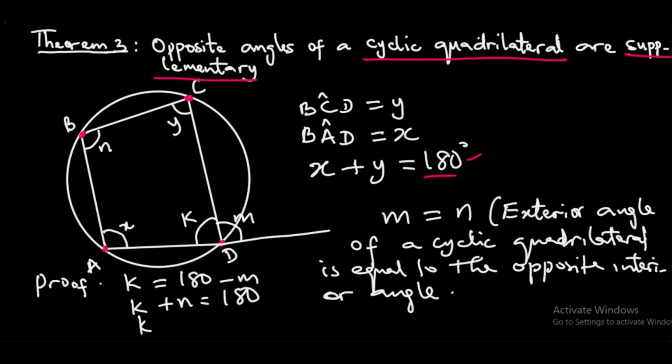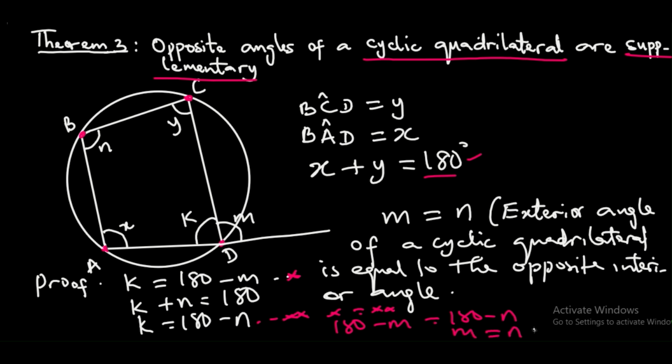That is the opposite angles of a cyclic quadrilateral theorem itself. So K is also equal to 180 minus N when we take the N to the other side. Now we can say the first one is equation star, the second one equation star star. So we can see that the two Ks are equal. So equation star equals equation star star. So we can now say 180 minus M is equal to 180 minus N. So M is equal to N in this instance, which has been proved.